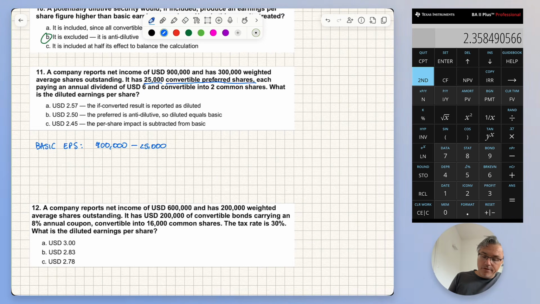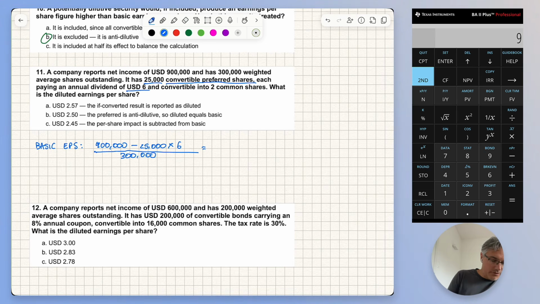So 25,000 convertible preferred shares exist, paying an annual dividend of 6 each, right? So you have 900,000, the net income, which is available to all the shareholders, ordinary and preferred, minus what gets paid to the preferred, leaving the amount available to the ordinary shareholders. And in the denominator, for the time being, we just have the 300,000.